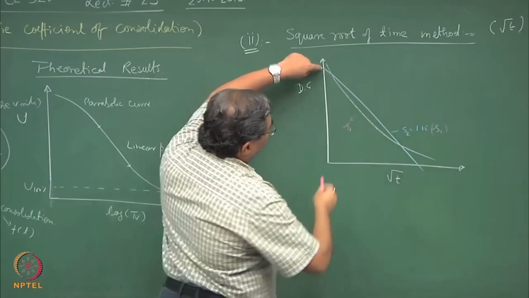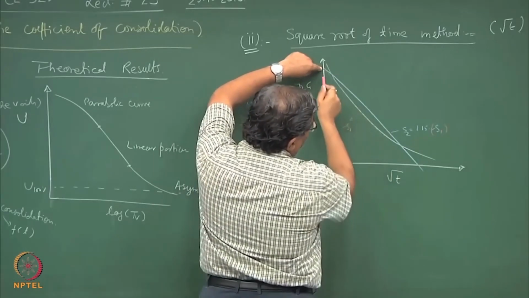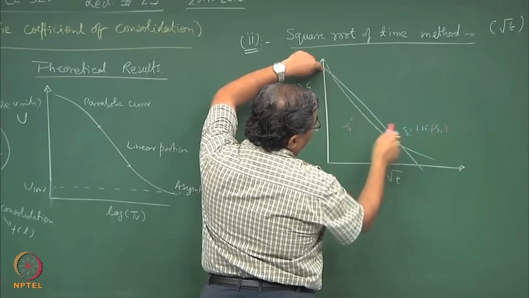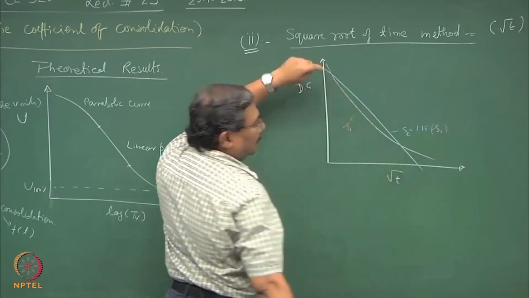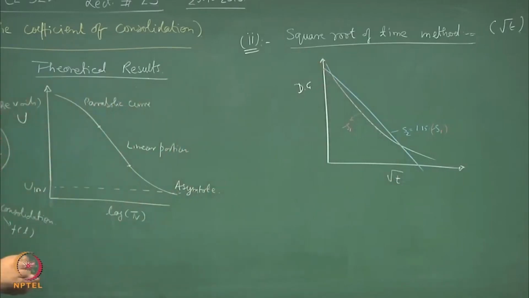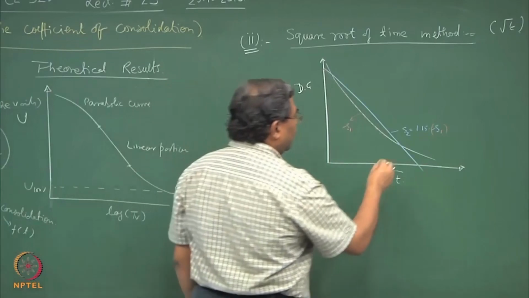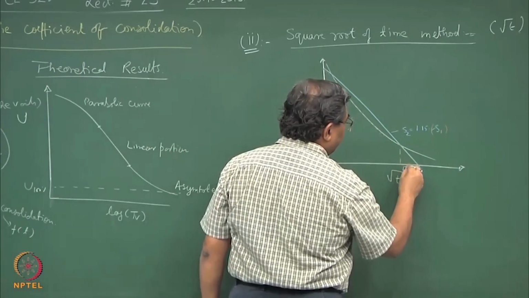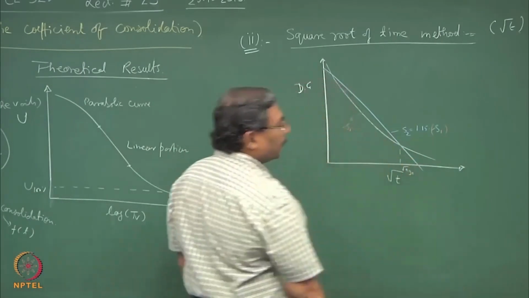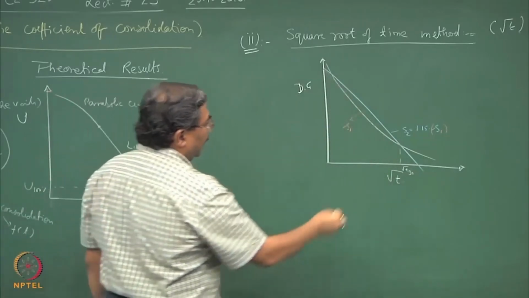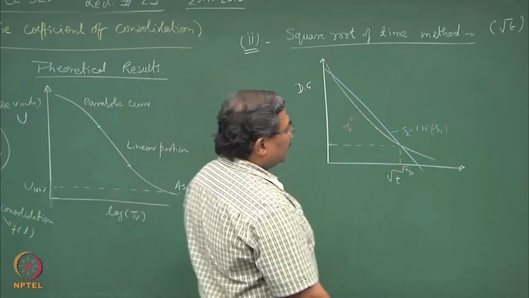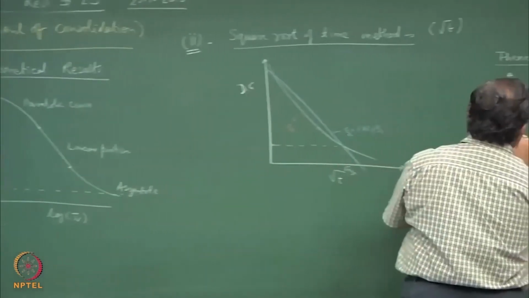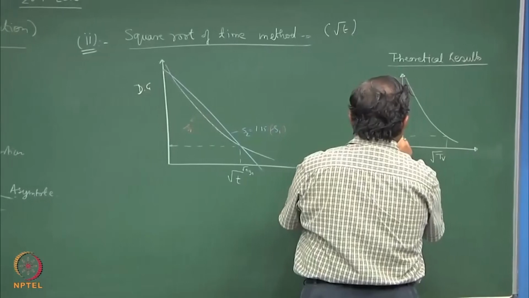So, from this point you draw a line with slope 15% more than S1. Wherever this cuts the experimental results, this gives you T90. And corresponding to this dial gauge reading, we can say that the degree of consolidation is going to be 90%.